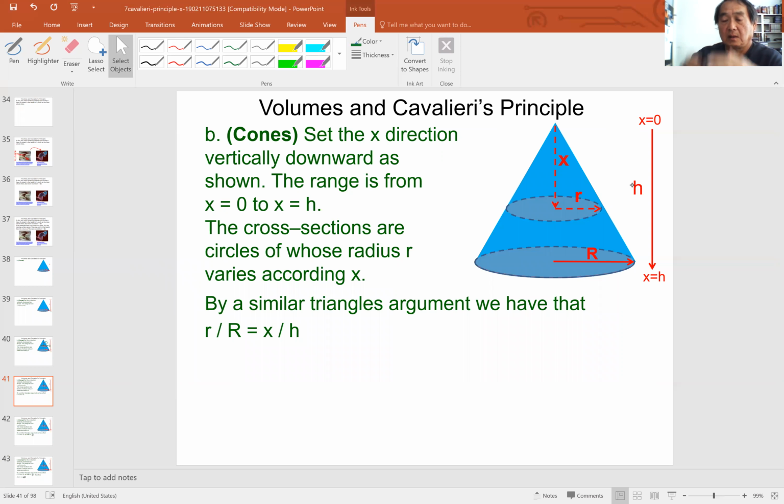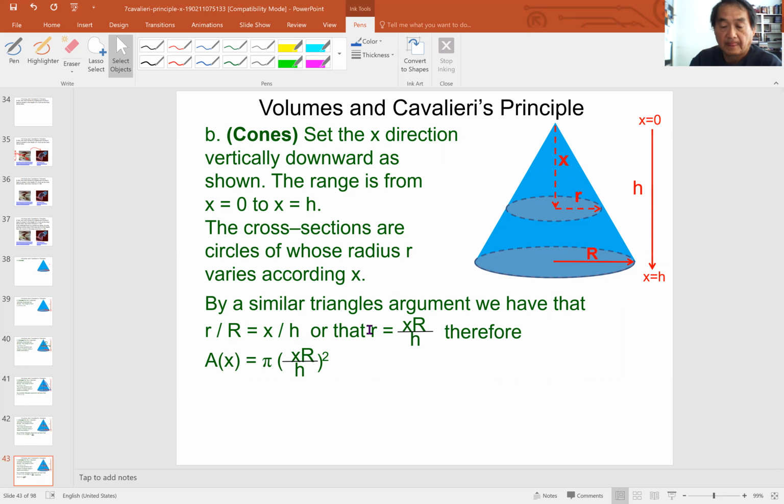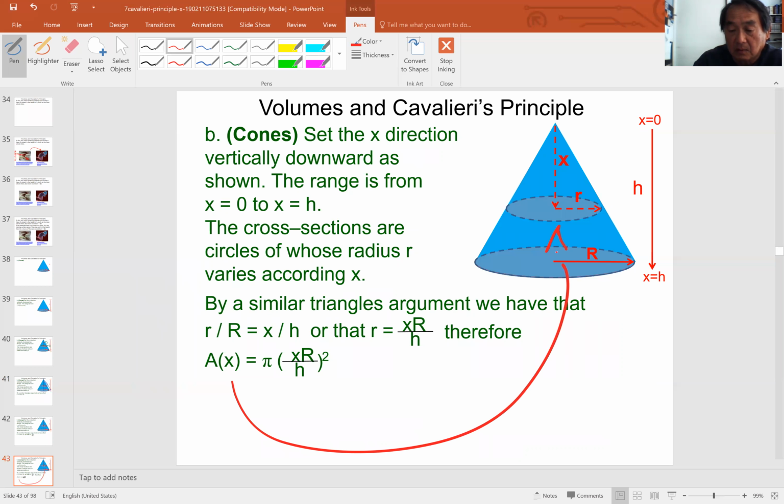In this case we use similar triangles. These two triangles let you figure out r as a formula in x. Then the circular area is pi little r squared. Of course, R over here is a number: the radius of the base.